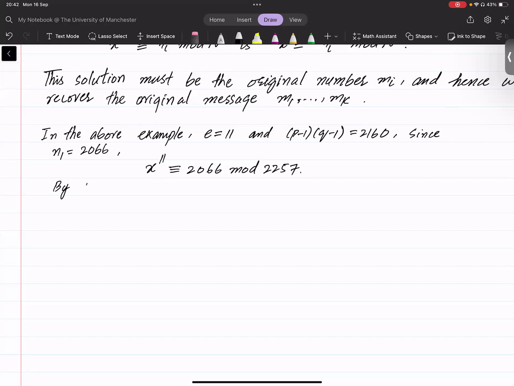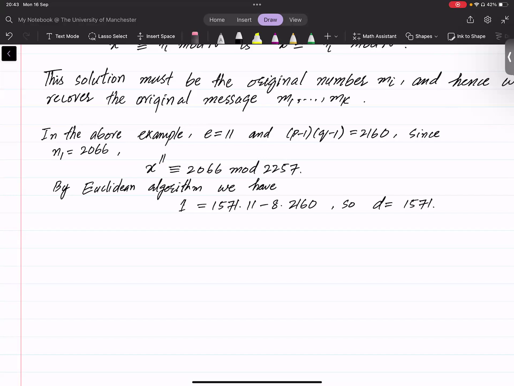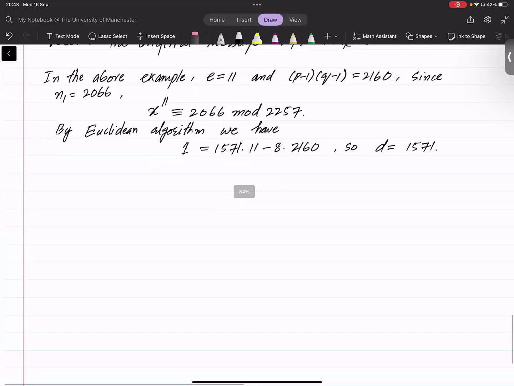And by the Euclidean algorithm, we have 1 equals 1571 times 11 minus 8 times 2160. So D is 1571.